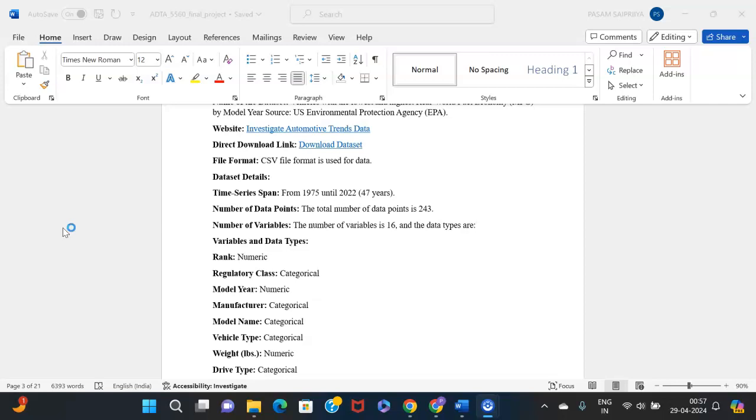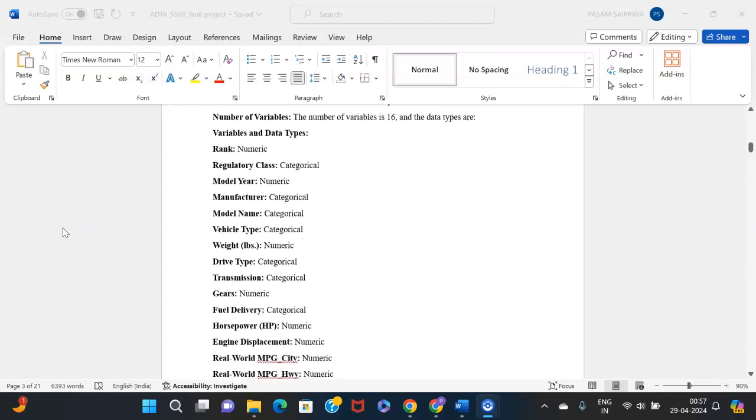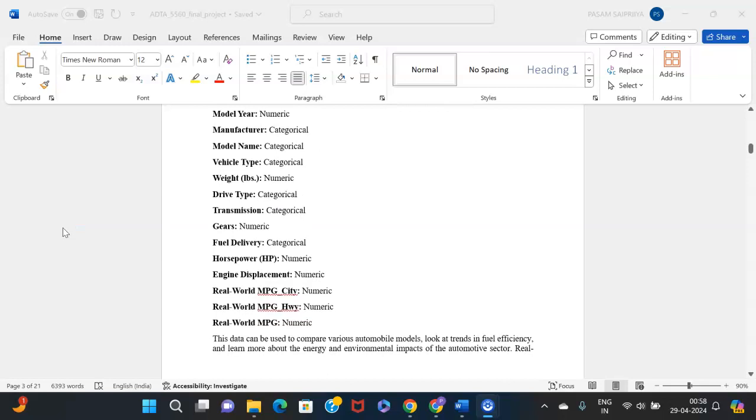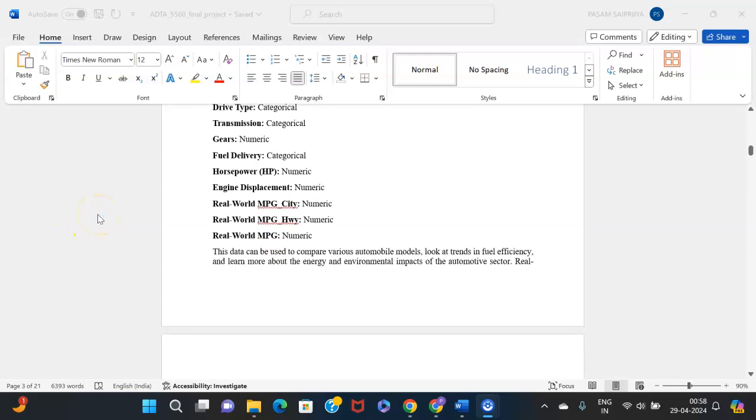The data types are: rank new, numeric; regulatory class, categorical; model year, numeric; manufacturer, categorical; model name, categorical; vehicle type, categorical; weight, numeric; derived drive type, categorical; transmission, categorical; gears, numeric; fuel delivery, categorical; horsepower, numeric; engine displacement; and real world MPG city, real world MPG highway, and real world MPG are all numeric.